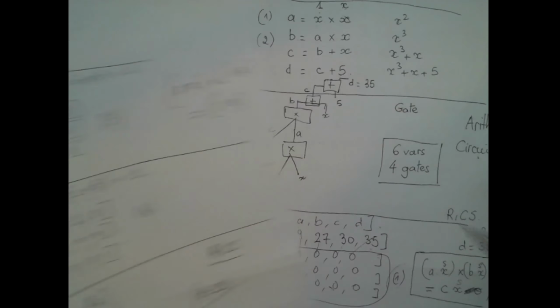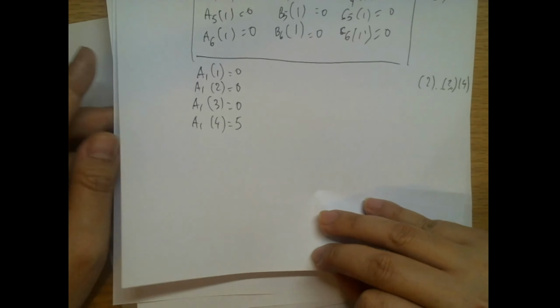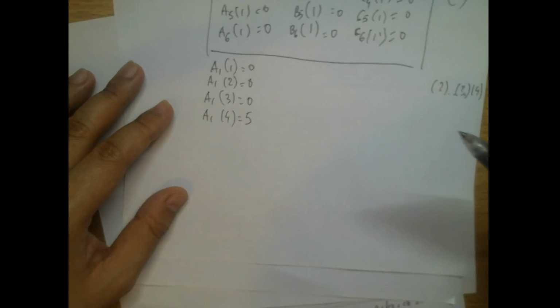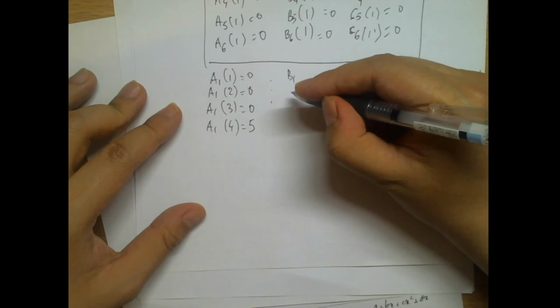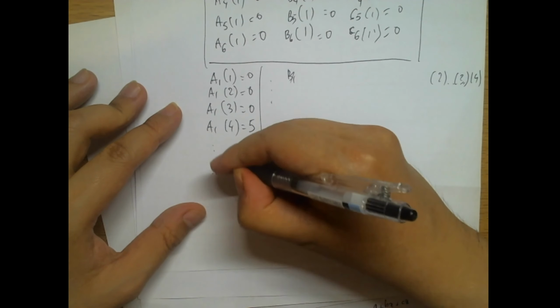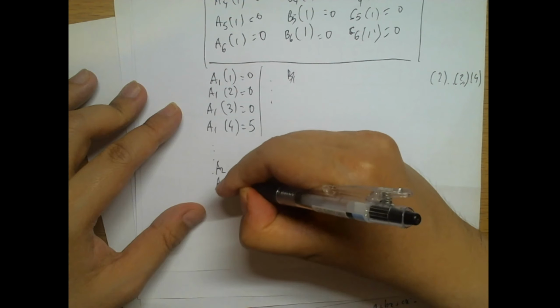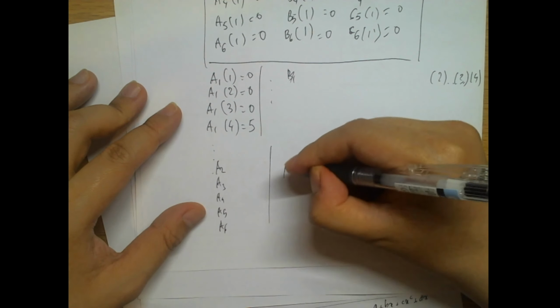So this is why we come up with this. And then you're going to have the same with B1. Actually, you're going to have a similar thing with A2, A3, A4, A5 and A6, and the same for B and the same for C.